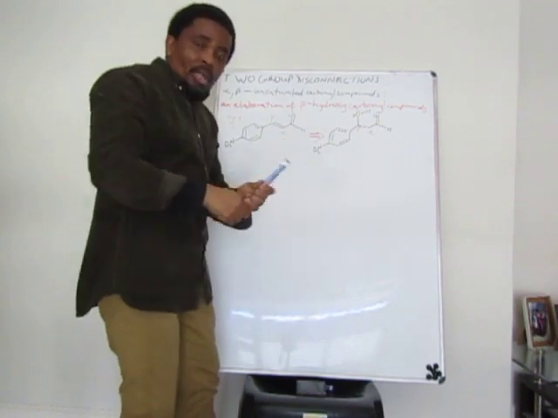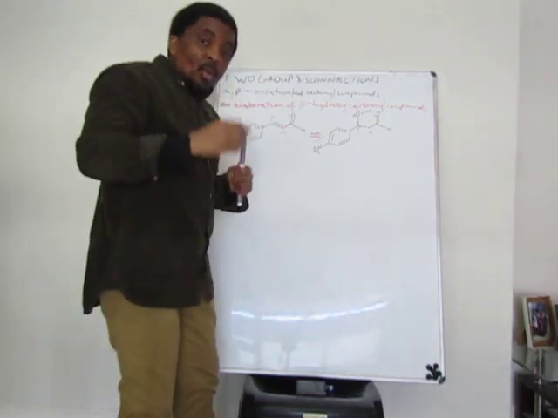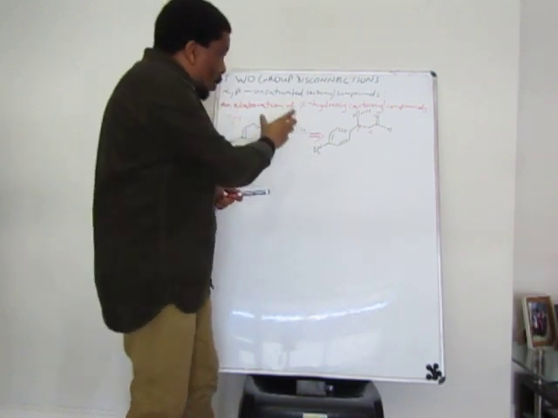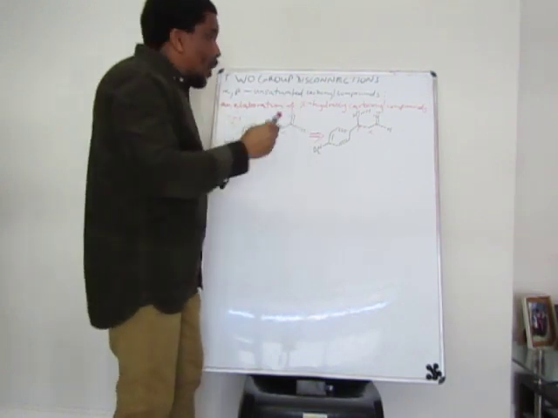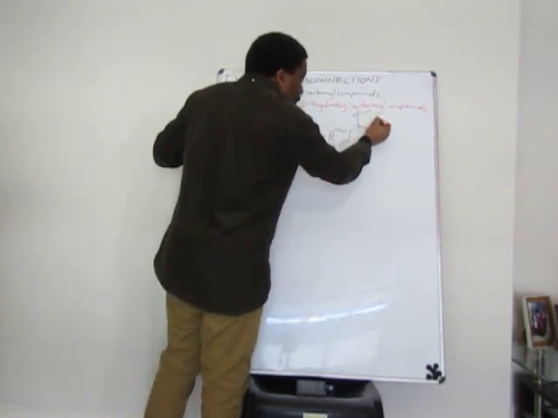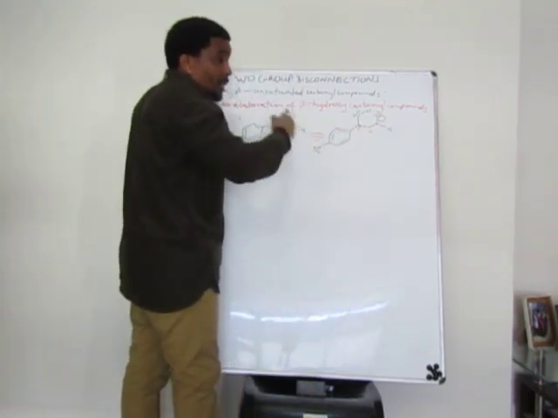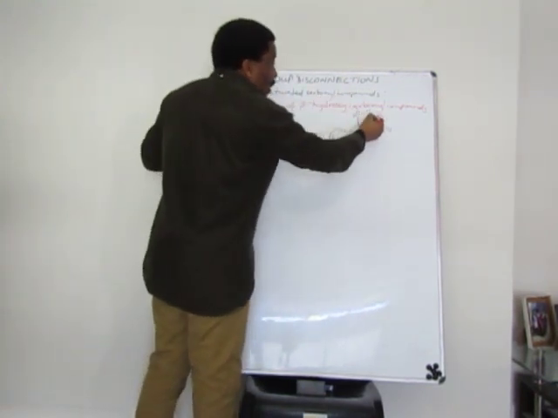How to carry out a disconnection: we carry out a disconnection when we have these beta hydroxy systems. All that you do is that this bond here takes in those electrons. That's your imaginary breaking down of those bonds.